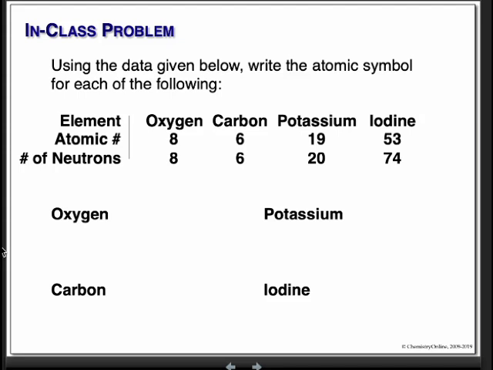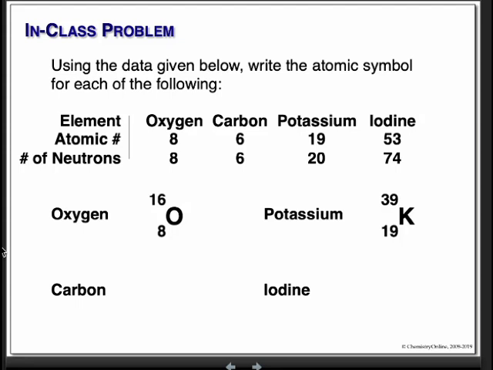For oxygen, 8 plus 8 is 16. That's our mass number. The subscript is the atomic number. That's 8. And it looks like that. Potassium, 19 plus 20 is 39. That's our mass. 19 is the atomic number. And of course, K, that's our symbol.